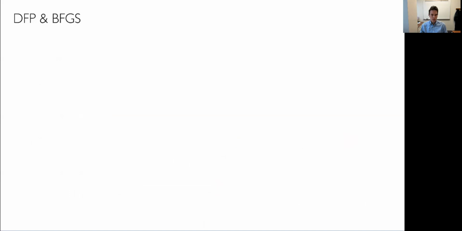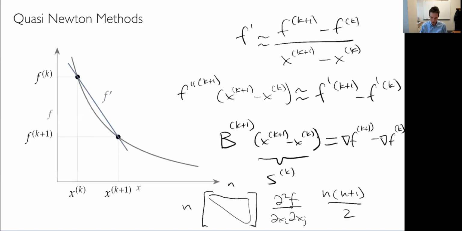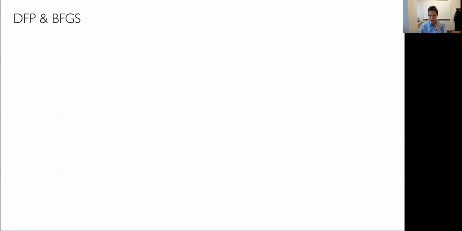The first big development here was by three folks, Davidon, Fletcher, and Powell. This is the DFP method, from their initials. They said there are an infinite number of approximate Hessians, so let's choose the one that is closest to our Hessian from the previous iteration. By closest, we're going to use a norm: we take the difference between those two Hessians and try to minimize that norm.